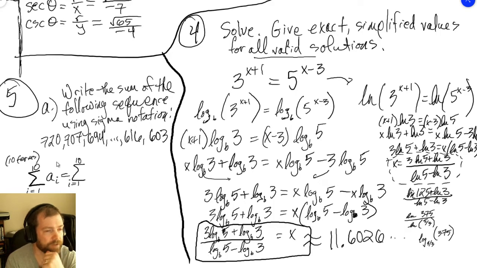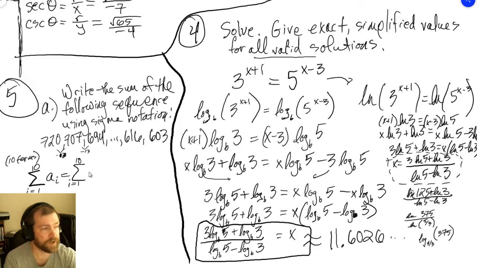So this is a linear function. Right, we are going to subtract this value as we keep going across. So if it's a linear function, that means that you can find the slope, which we already have. It's negative 13 for every one term that we go over. And we start at 720, which is term number 1.